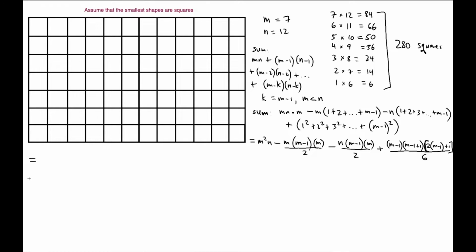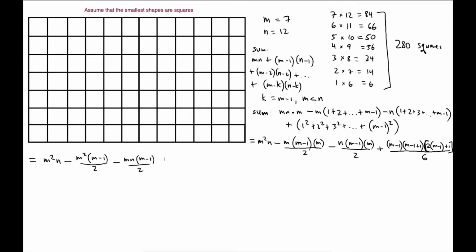So now, what happens to that? It's getting easier, so it's going to be m squared n, and then we have minus m squared, right? I'm just putting m squared in the front, and then m minus 1 over 2, and then minus mn. So I'm just putting the m in the front of the n in the product, and then m minus 1 over 2.